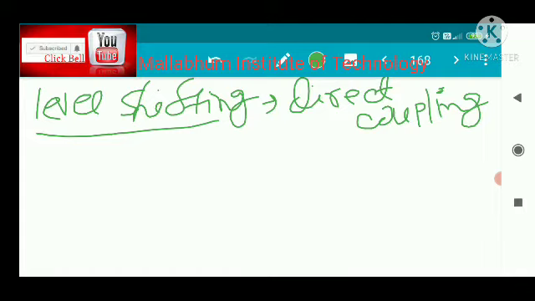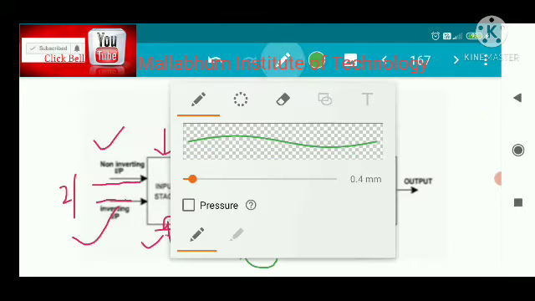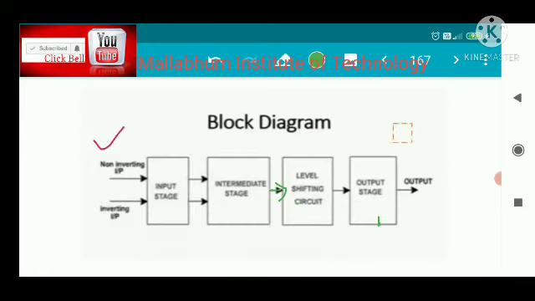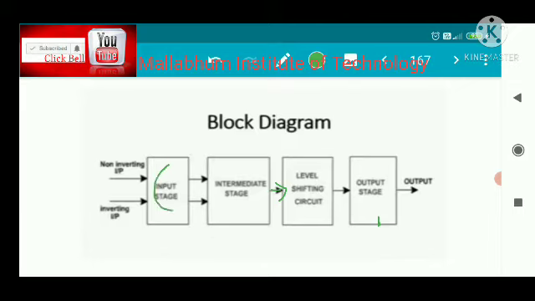Direct coupling means, suppose there is a first stage of amplification. So in this diagram you can easily identify this is the first stage of the amplifier, and this is the second stage of the amplifier. The output of the first stage becomes the input of the second stage.